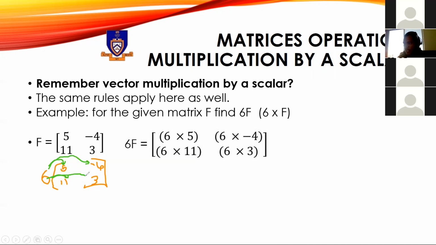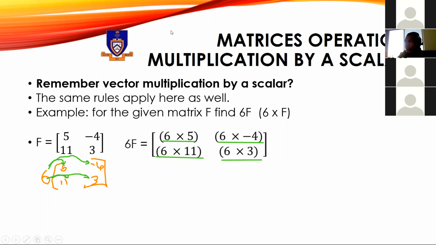So the 6 is multiplying everything inside here. That's why we have 6 times 5, and 6 times 11 at the bottom. And then in the next part, we have 6 times minus 4 and 6 times 3. So everything is being multiplied by the 6. That is the scalar multiplication.